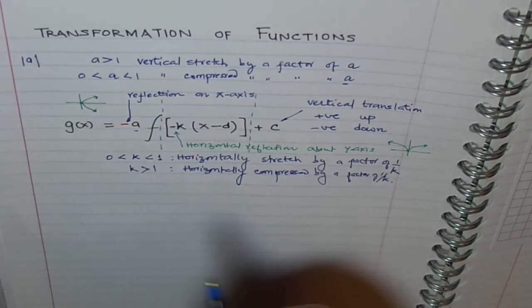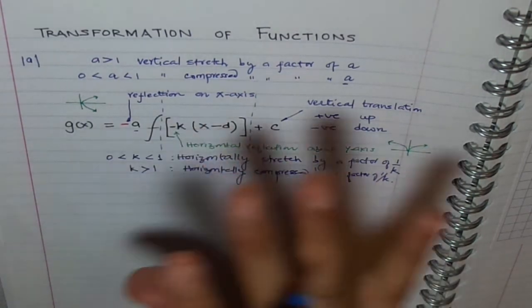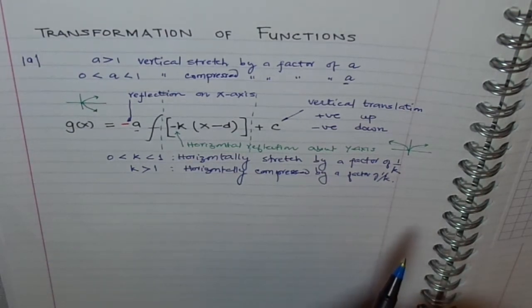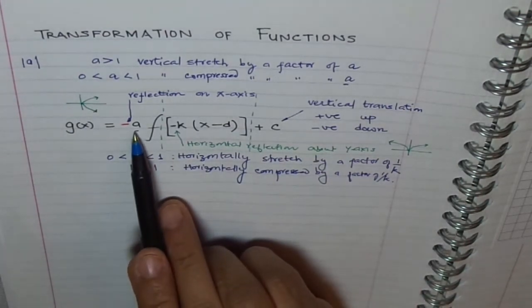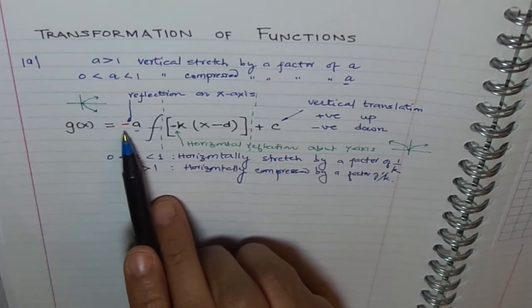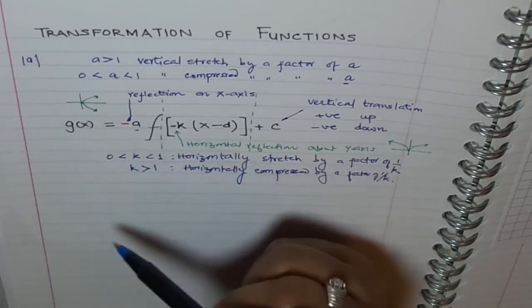Now, I hope you understand this part. Again, let me repeat it for your convenience. For a, vertically stretched if it is greater than 1, compressed if it is less than 1. And this minus reflects the whole graph about the x-axis, that means vertically.